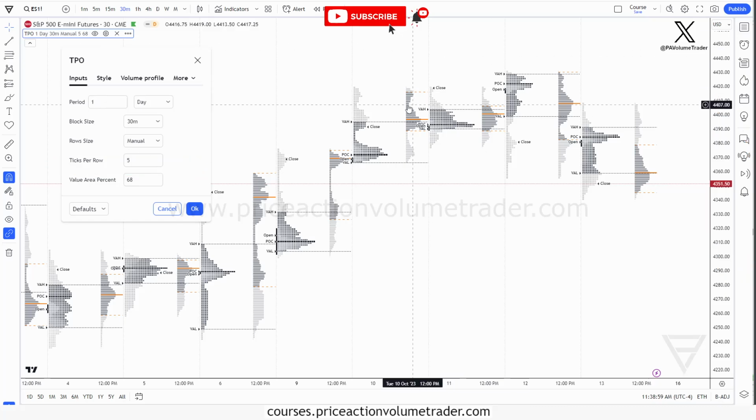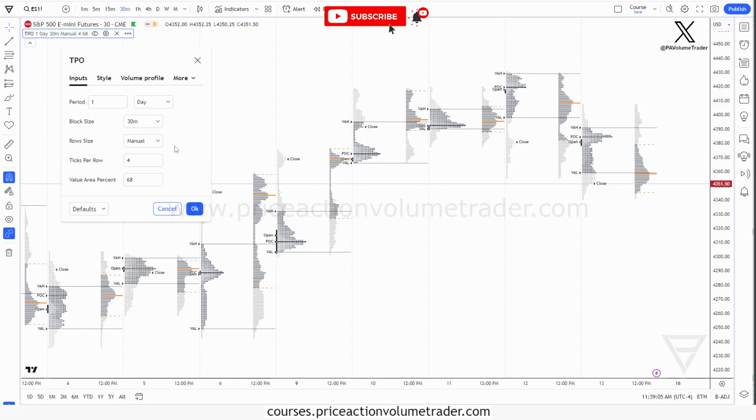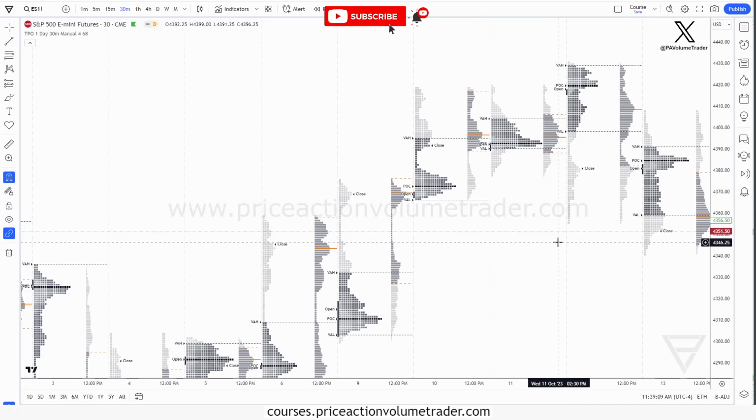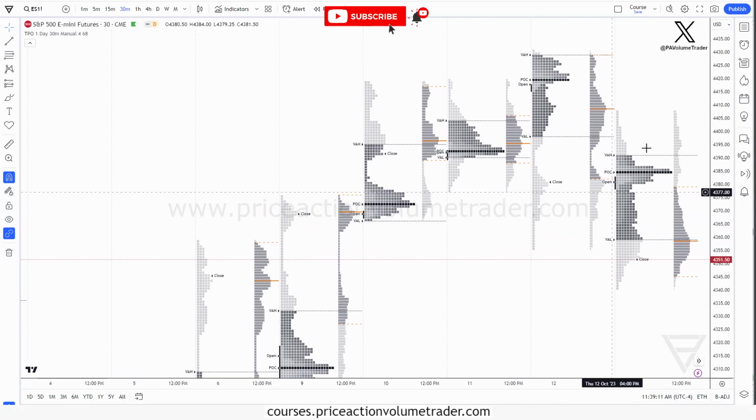So I found with this market, between 3 and 5 is a nice balance as far as tick size, because what you want is enough detail so that you can identify edges on your profile, you can identify your single prints, you can identify the excess at the extremes, etc.